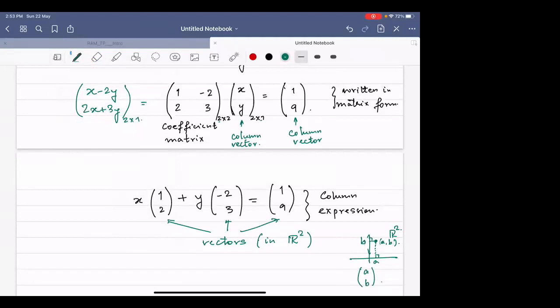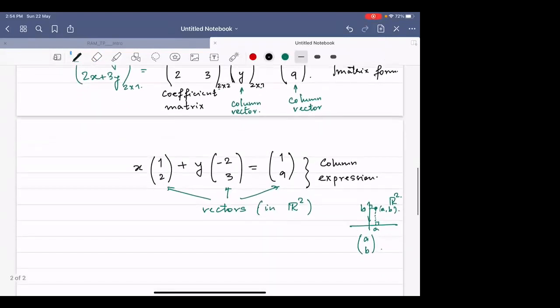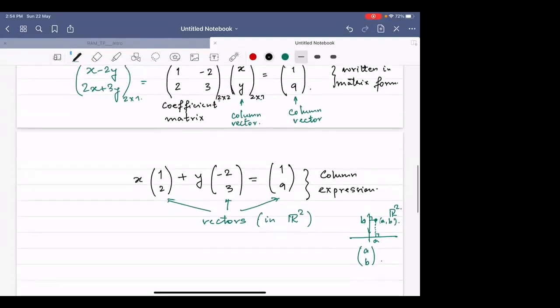And so here, what we have done is we have written this system of equations that we had up here in terms of a sum of vectors with some coefficients. X and Y here are now coefficients. So this is an expression as a linear combination.